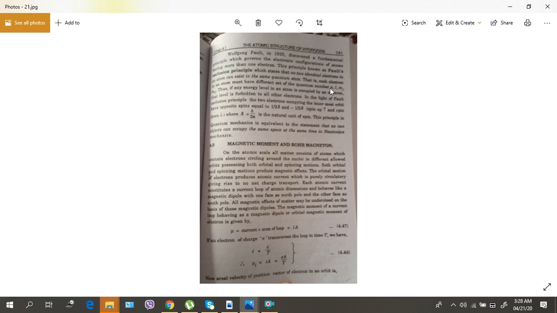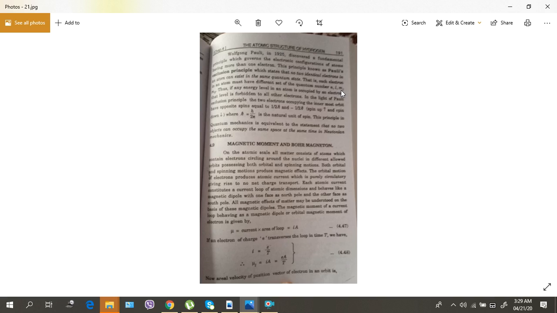That is, n is the principal quantum number, L is the orbital angular momentum quantum number, ml is the magnetic quantum number, and ms is the spin magnetic quantum number.